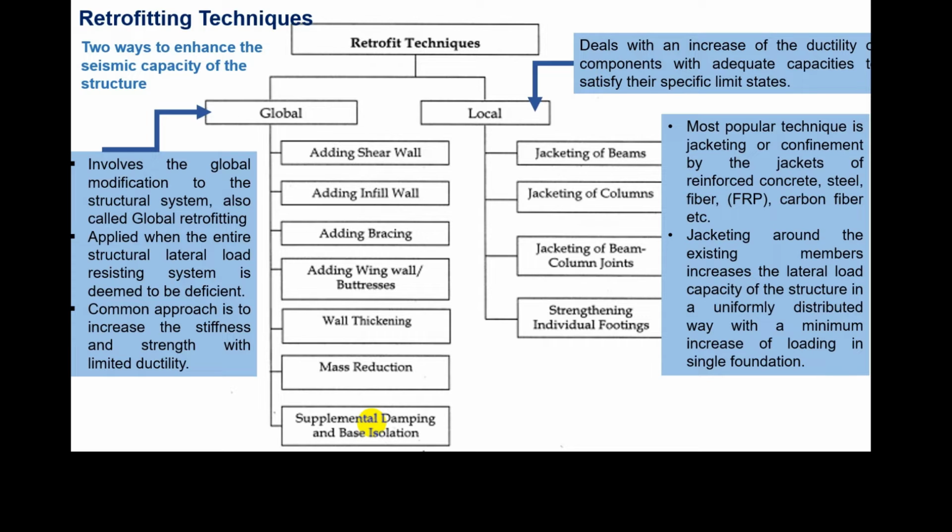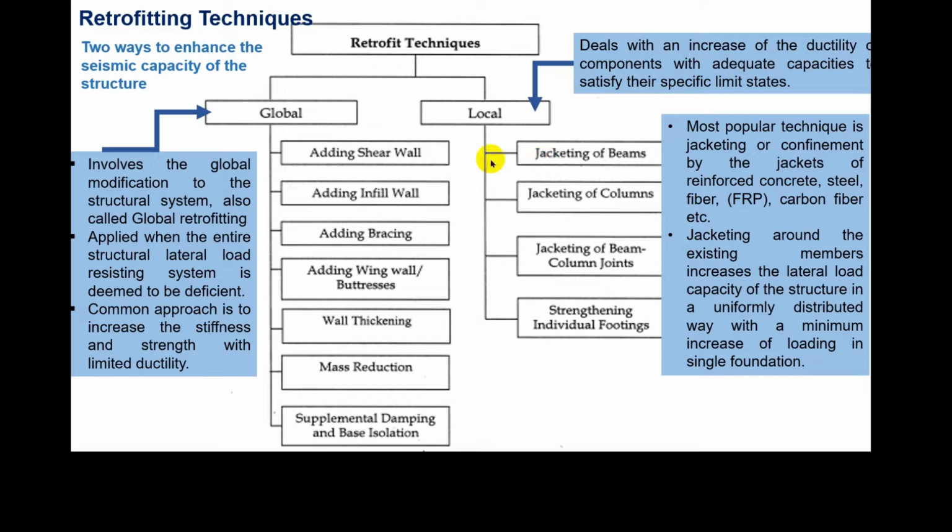For example, the Hilton Hotel Kathmandu has viscous dampers. We'll see in further slides. And in another apartment, maybe somewhere around Narayan Gopal Chowk, I think that's Karma Residency, they are applying a wall damper to reduce the global seismic response of the structure.